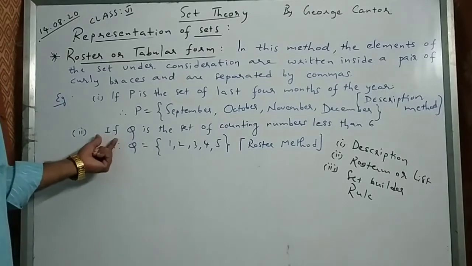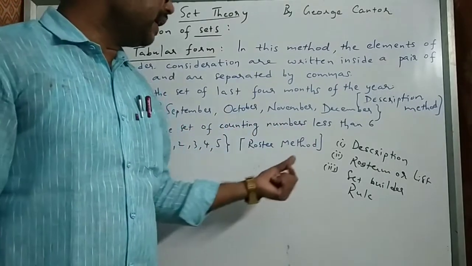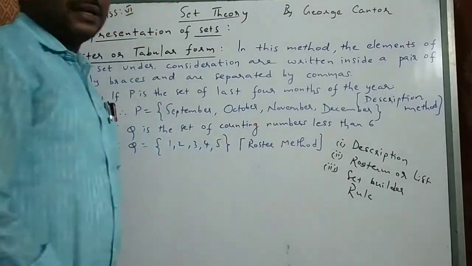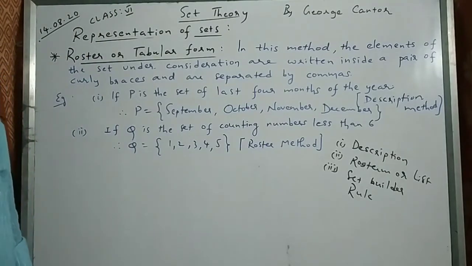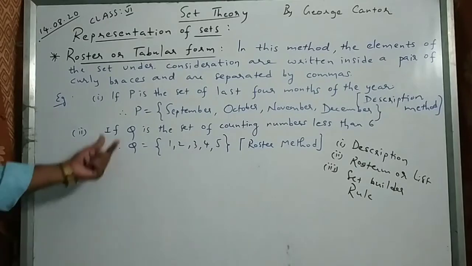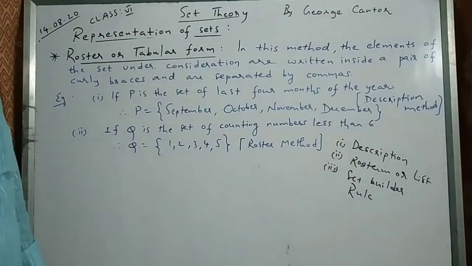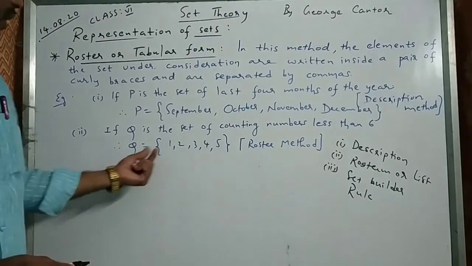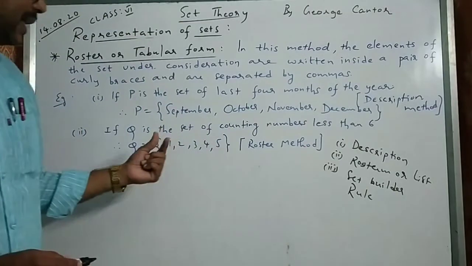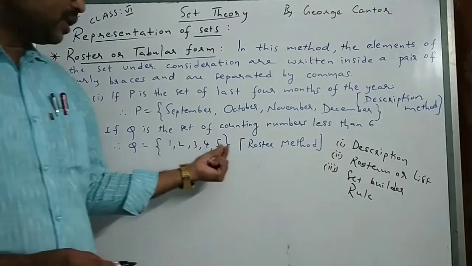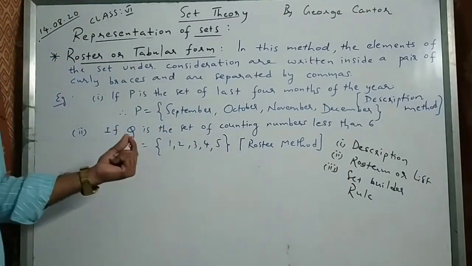Okay. If Q is the set of counting numbers, what is counting numbers? Natural numbers, right? I told you counting numbers or natural numbers, both are same. If Q is the set of counting numbers less than 6, that is called the description method. Q equal to less than 6 natural numbers are 1, 2, 3, 4, 5.